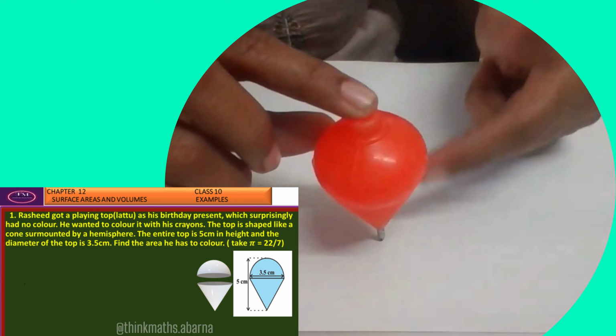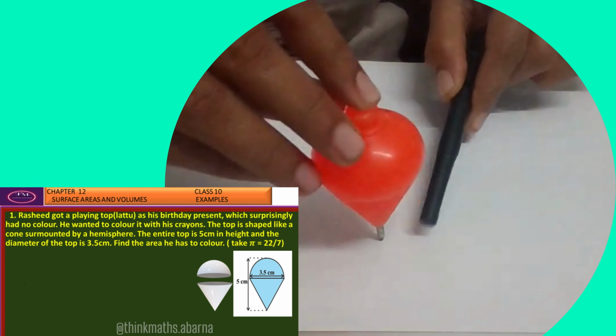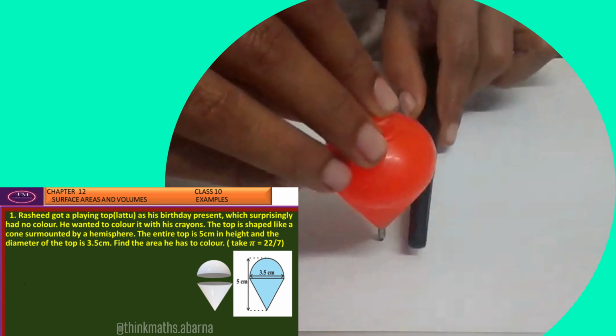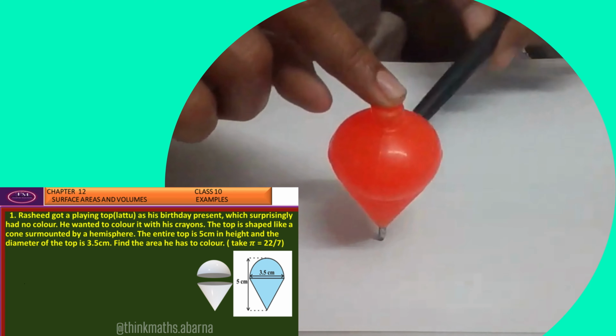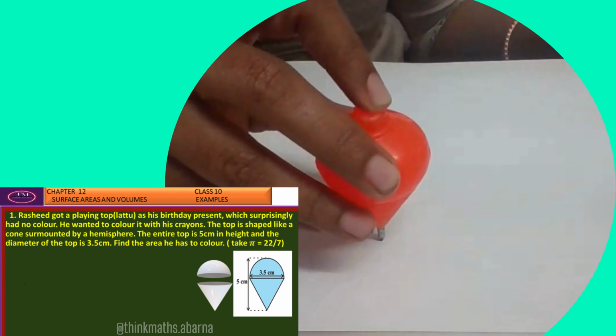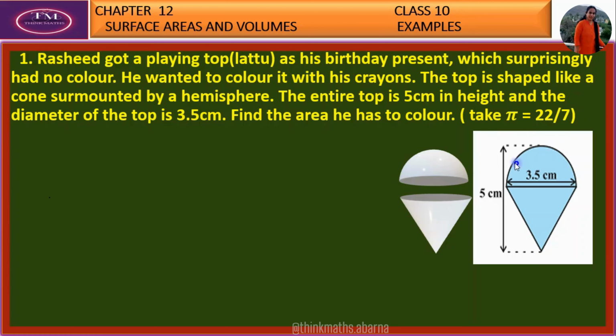The total height of this toy is 5 centimeter. With this, we have to find out the surface area of the top he has to color. Okay, children, do you understand this concept? So let us get into the problem. We have to calculate the area he has to color.